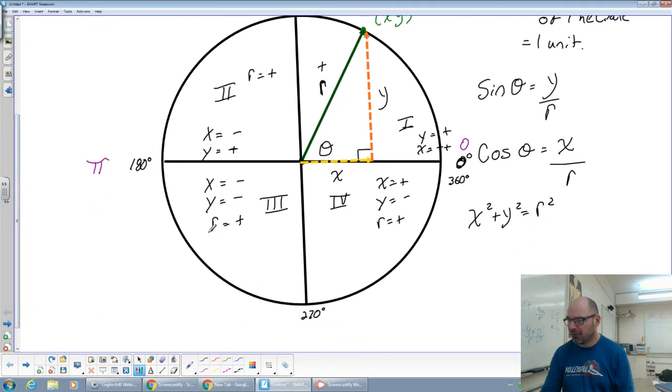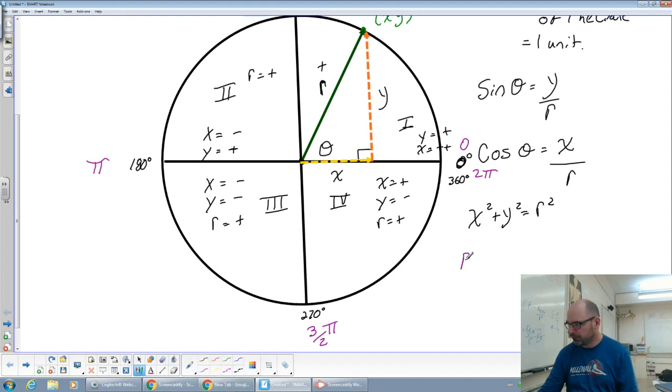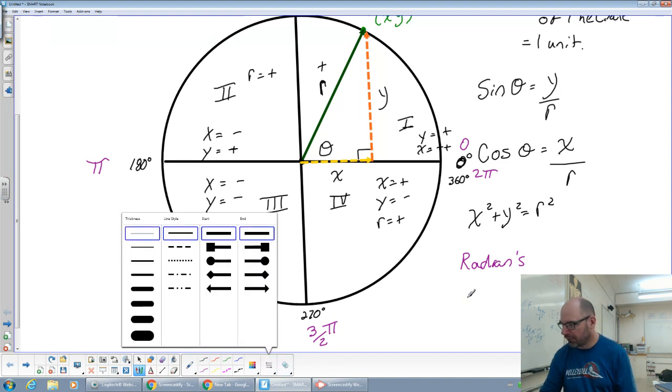And this is 2 pi over here as it comes back. Halfway in between 1 pi and 2 pi is 1.5 pi, and we write 1.5 pi as 3 over 2 pi's, if we're doing an improper fraction. So these are radian measure. And then the black would be the degrees, which you are more familiar with, I imagine, in your math.